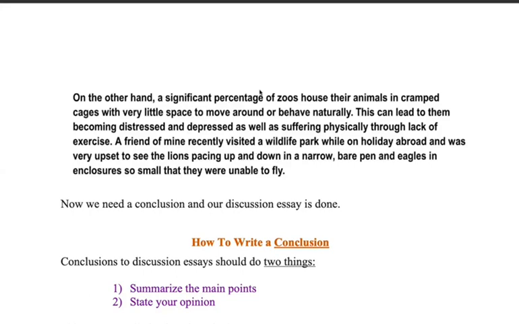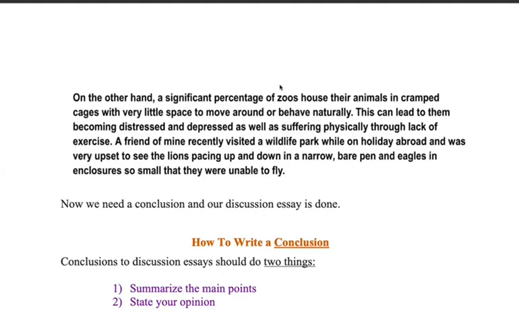So number one, they say animals are kept in small cages, so there is no big space for animals to move around naturally and freely. And then he explained that these animals become depressed and they suffer physically through lack of moving around, because they are kept in such small places where they are unable to move around as exercise.